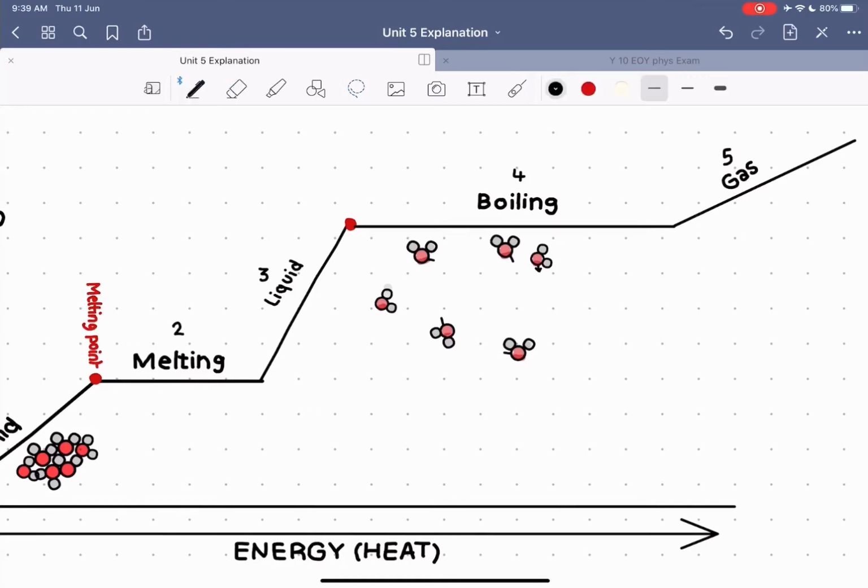The space for the gas is much larger as they can move freely, and the vibration is more vigorous, of course.